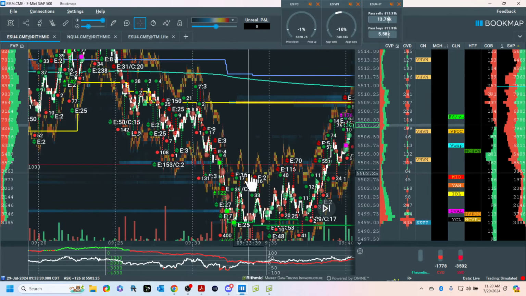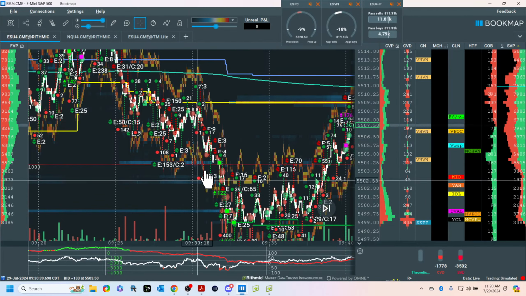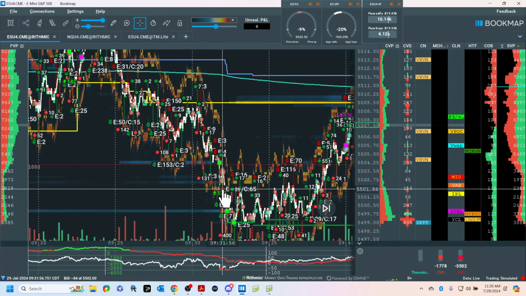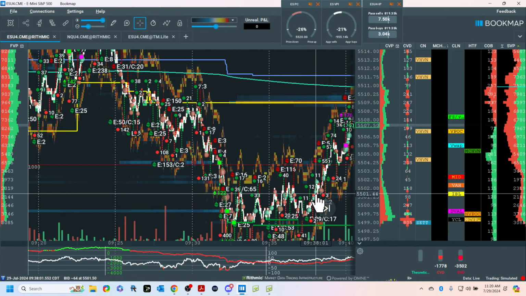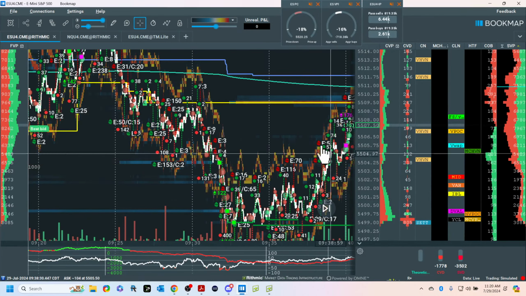So we have at 9:30 the initial balance. There's two possible trades right here. One is called the IBF or IB failure. It is a mean reversion trade.